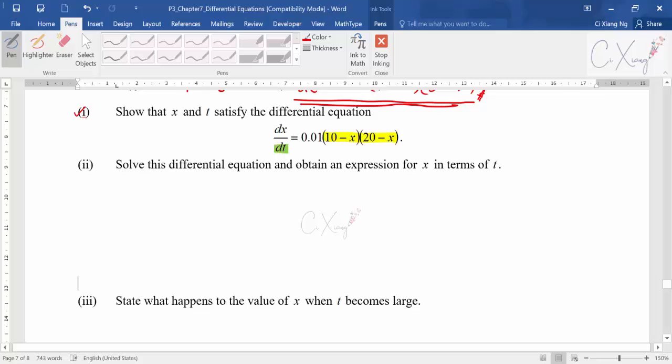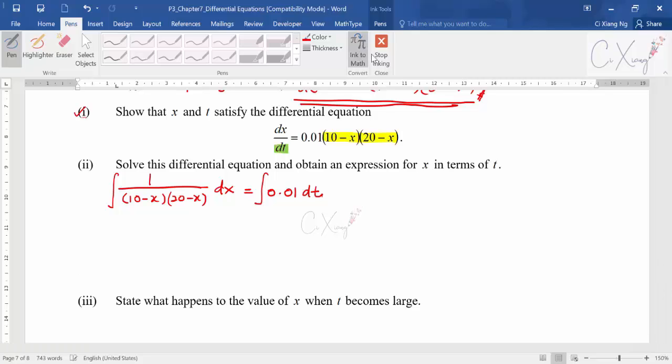After I rewrite it, it will become 1 over (10 minus x)(20 minus x) dx equals 0.01 dt. Once I have separated the variables, I want to do the integration.